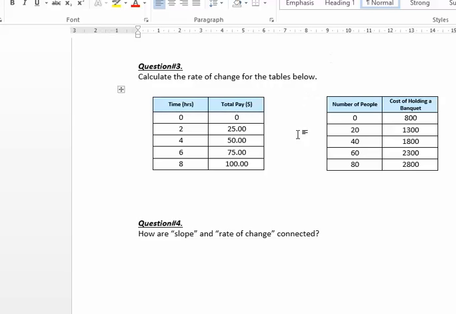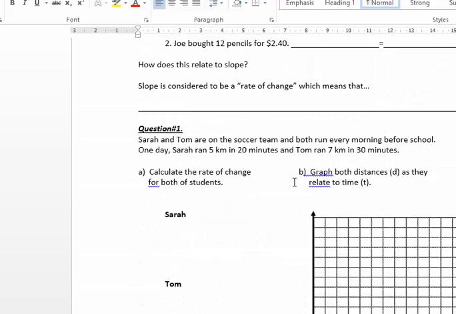So we're going to go through an example here. At least my graph shows up here. I actually have to flip back to my note just so I can read that question. For Sarah and Tom: Sarah runs 5 kilometers in 20 minutes. So that's like a rate. And Tom, 7 kilometers in 30 minutes.